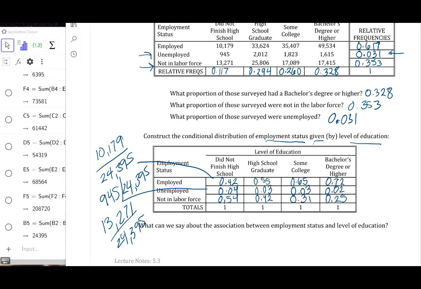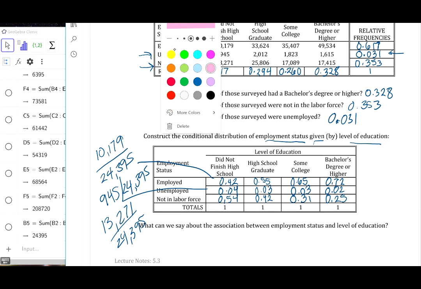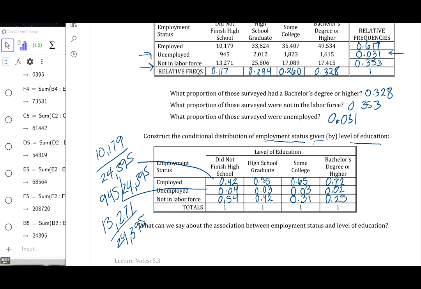Okay, you're back. So here is the conditional distribution of employment status by level of education for this particular sample data. And then looking at this is when now we can answer the question about whether there is some association between employment status and level of education.